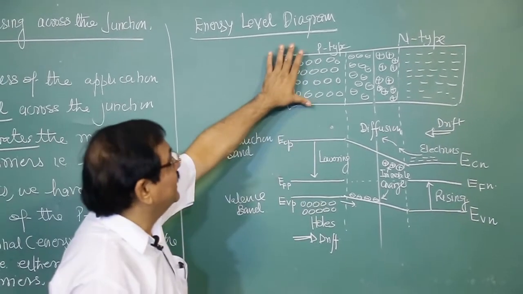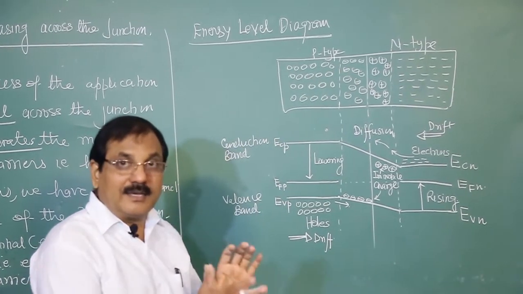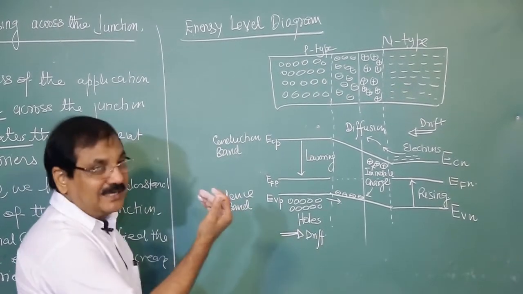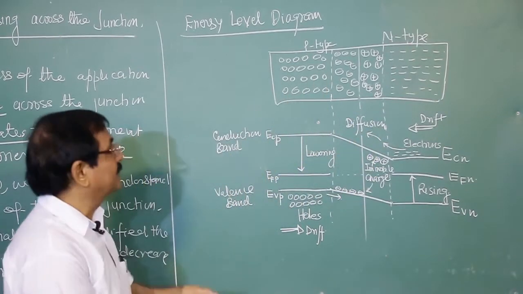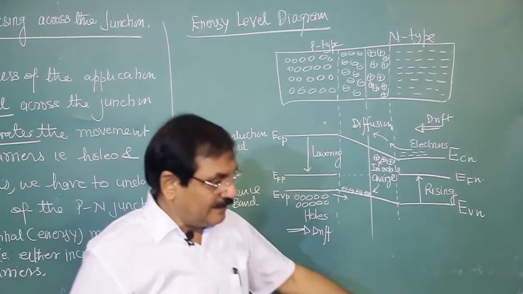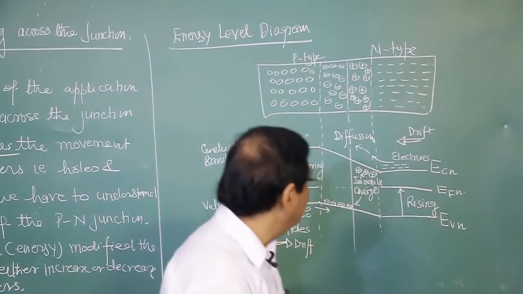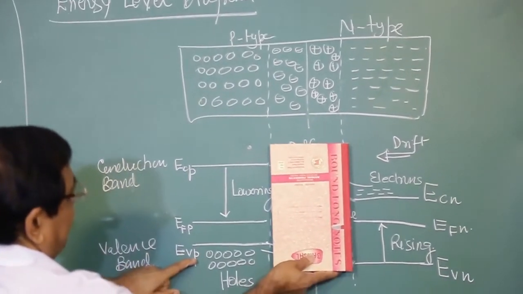The energy level diagram of a p n junction is a combined energy level of p type and n type semiconductor. If we focus only on the p type semiconductor, this much of the diagram is the p type semiconductor.